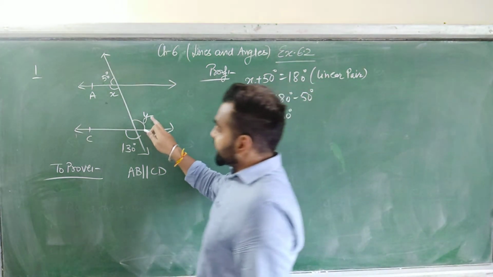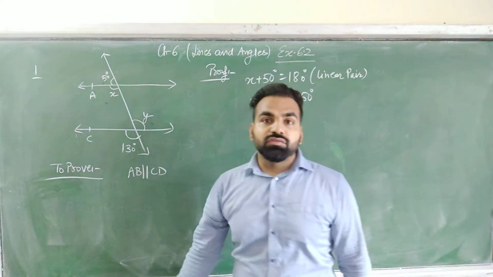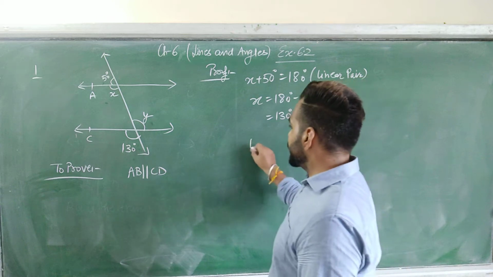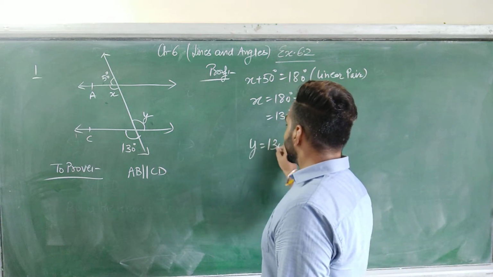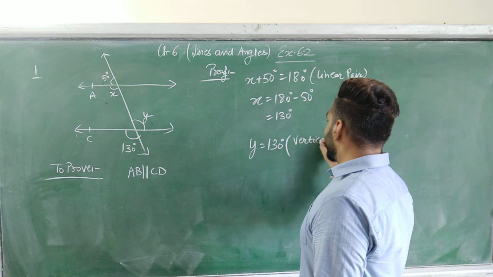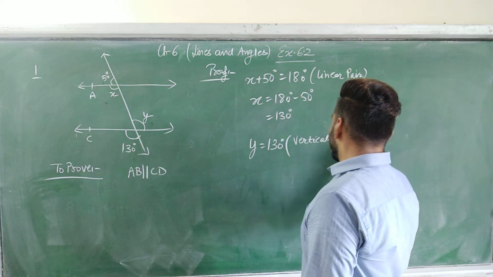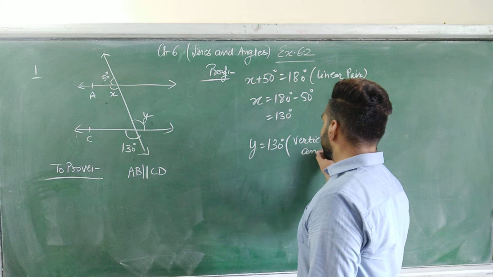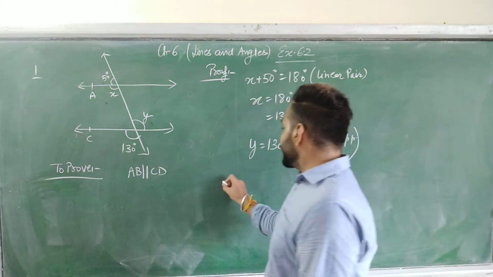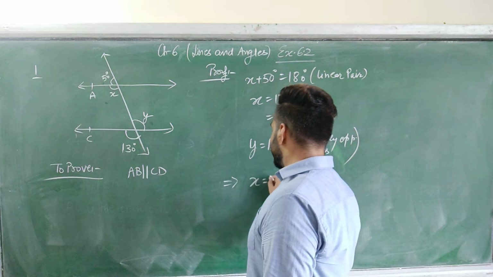Again here we can see that this y and this 130 form a pair of vertically opposite angles, and we know that vertically opposite angles are equal. So y is equal to 130. So from here we can see that the value of both x and y is 130.